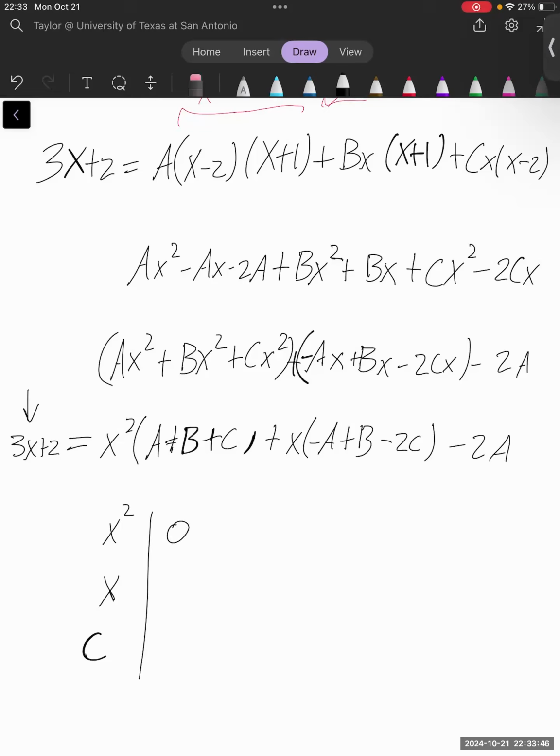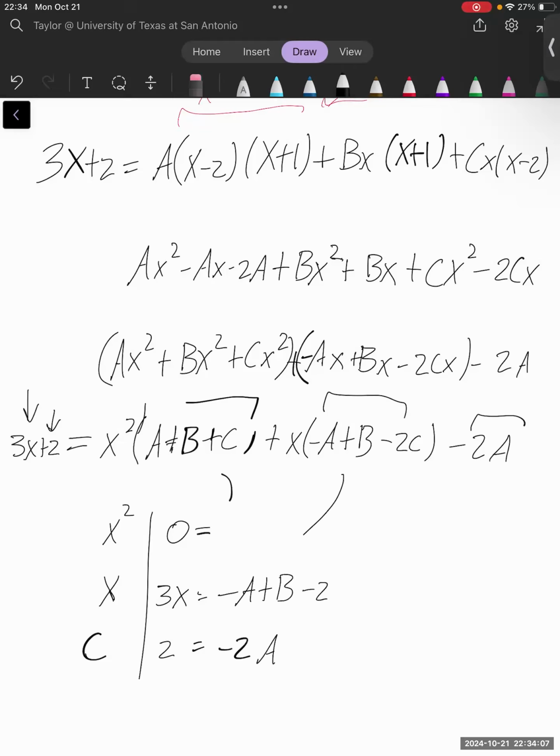So I have 0 equals, and then a linear term 3x, and then the 2. Then I substitute these values here: negative 2a, negative a plus b minus 2c, and a plus b plus c.